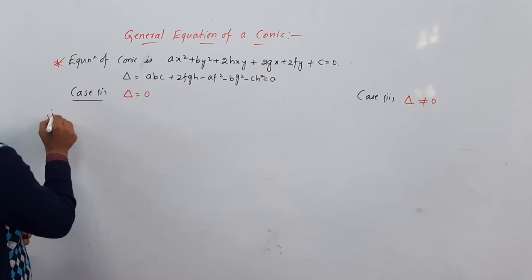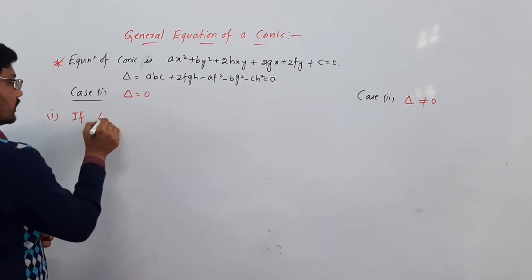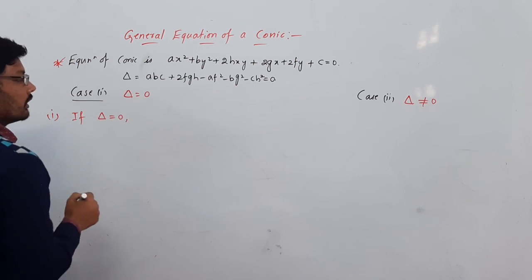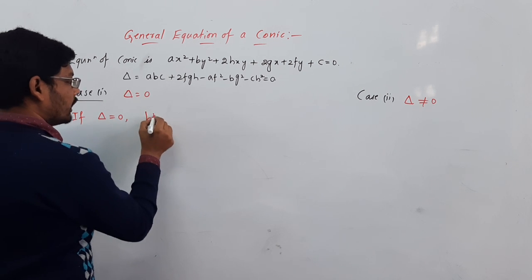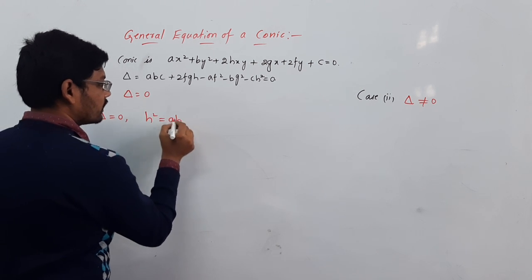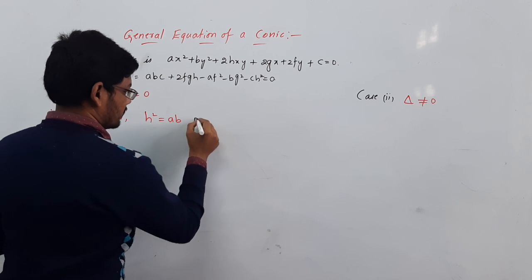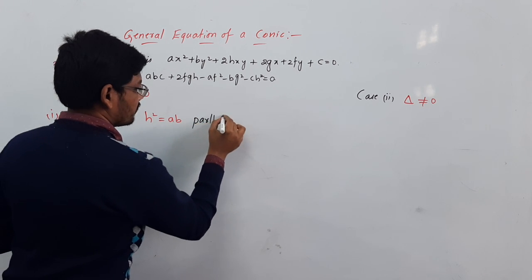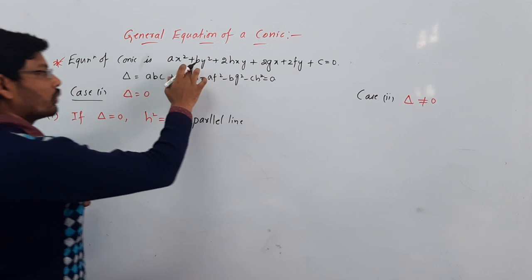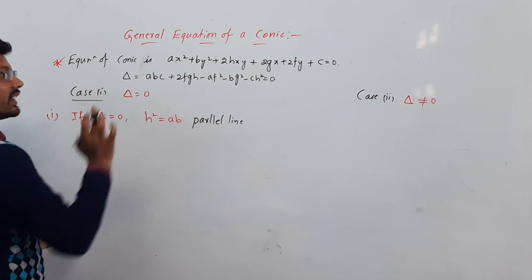What is this equation saying from this condition? The first case is if delta is equal to 0, then h square is equal to ab, then the lines are said to be parallel lines. This is the delta condition.